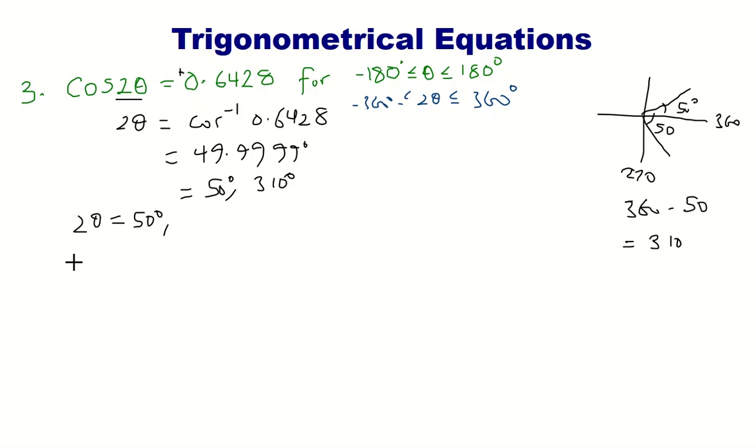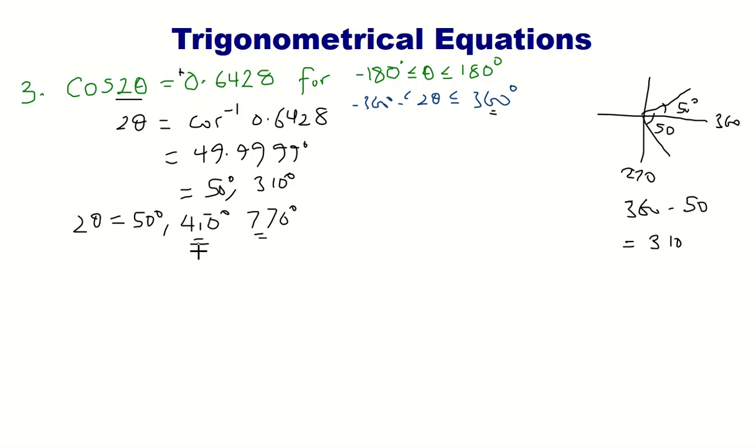So for 50, we add on 360, we get another value in the series of 50 to be 410. Plus 360, the other value will be 770. But we see all these values are already bigger than what we expect the maximum to be. So it means we are not going to even use them.